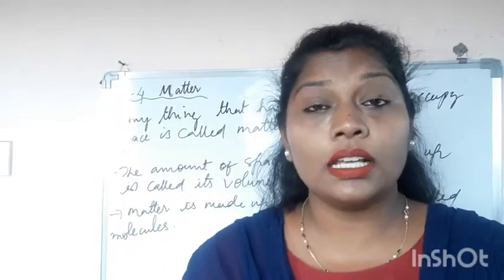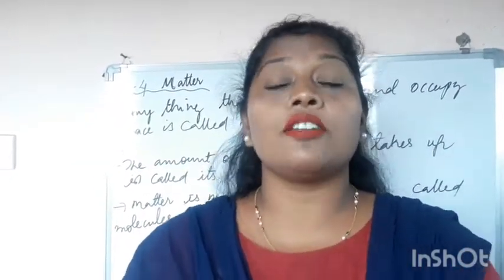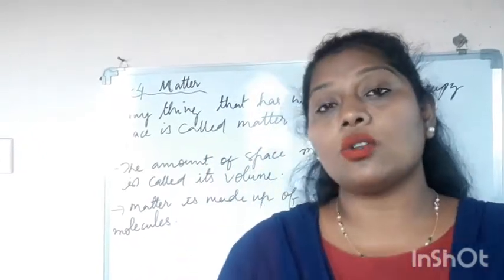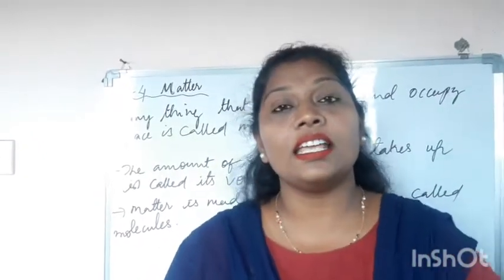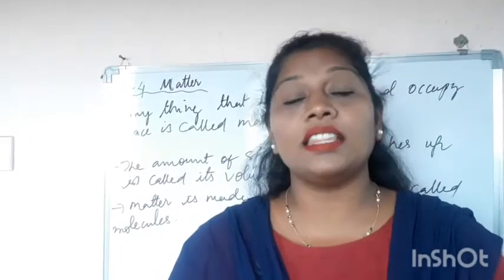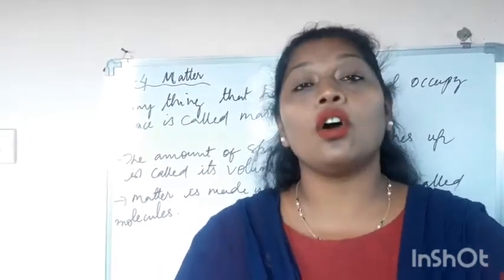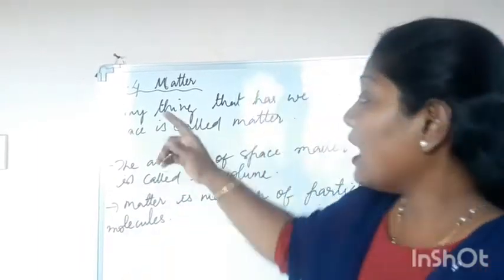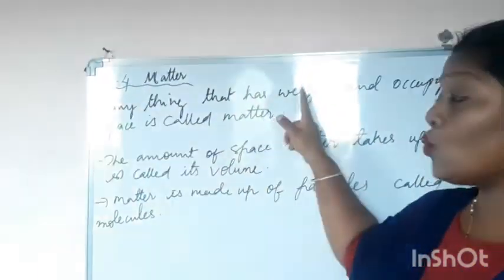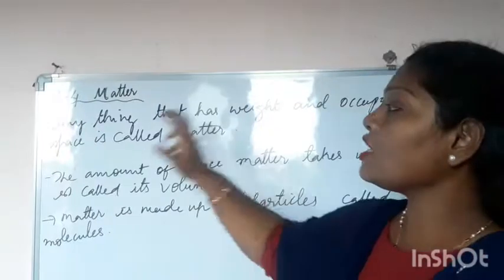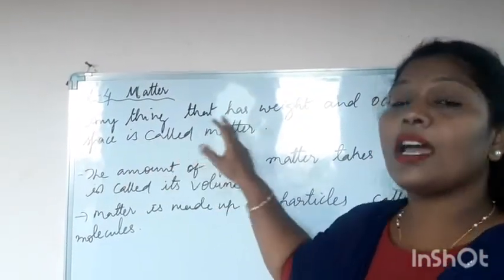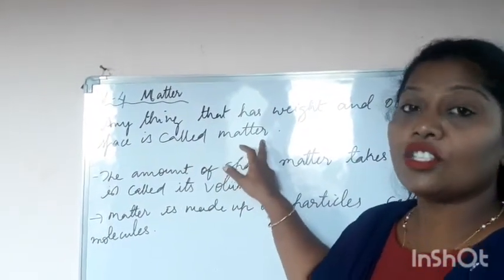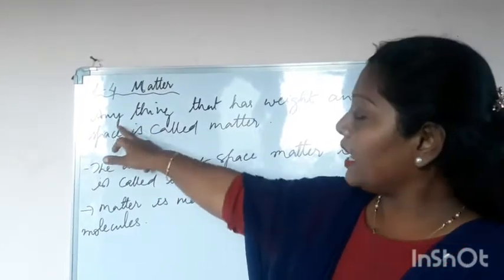So children, whatever things we take in our surroundings, definitely they have some weight, they have some space, or they have some shape. So children, anything that has weight and occupies space is called matter. So repeat it children. Anything.